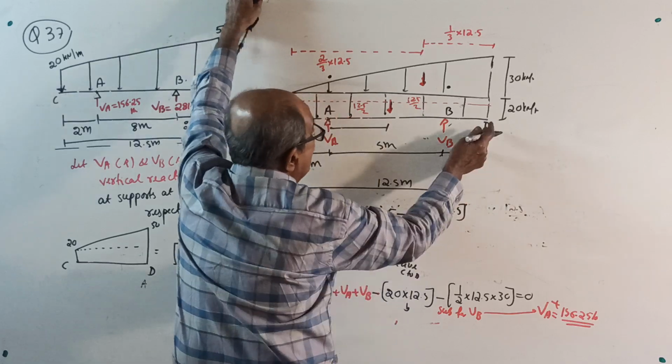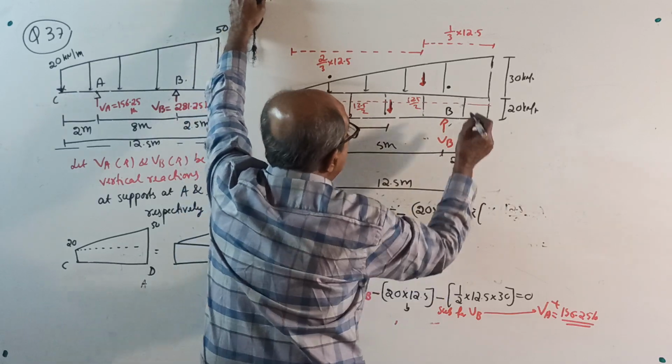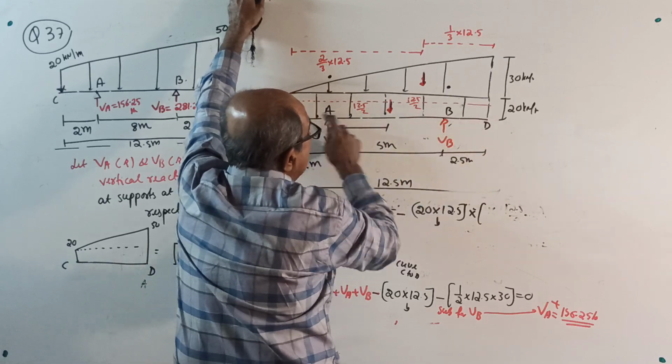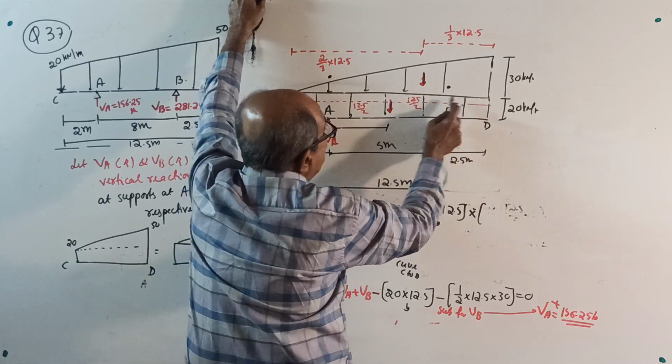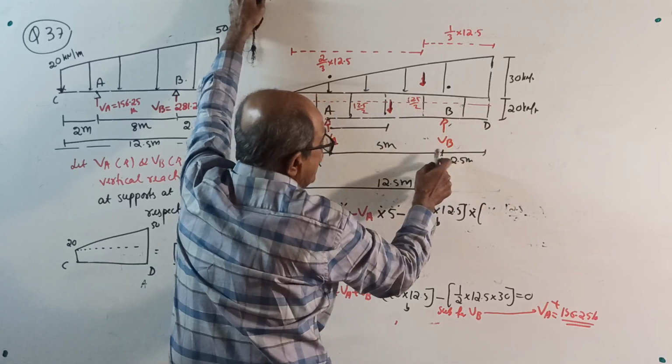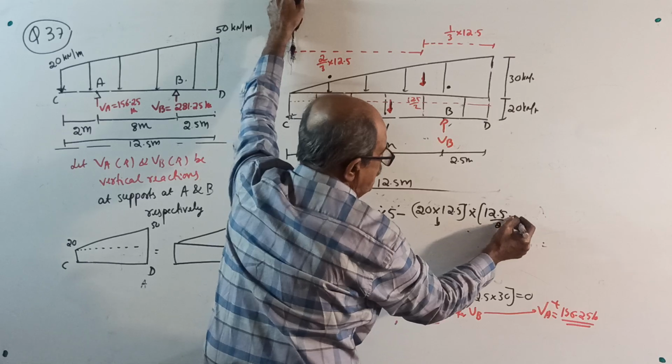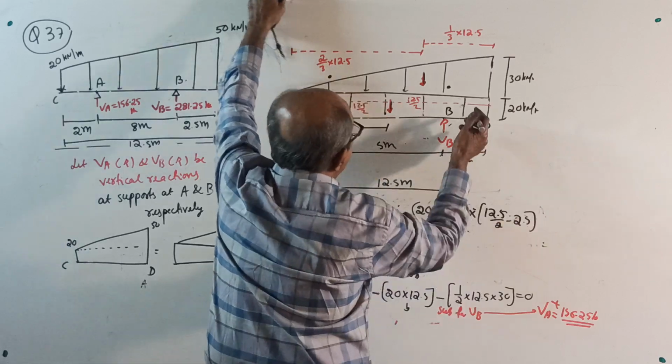You write here, UDL multiplied by, we want moment about B. From the center of this UDL, we want the distance here. This is 12.5 by 2 from there. Subtract 2.5. So 12.5 by 2 minus 2.5 is one moment.